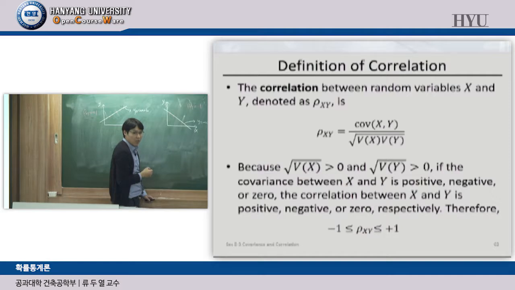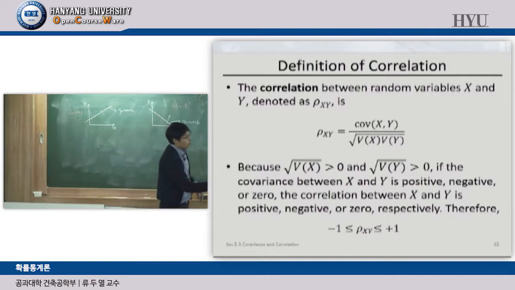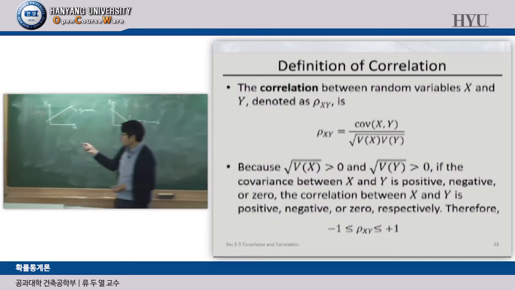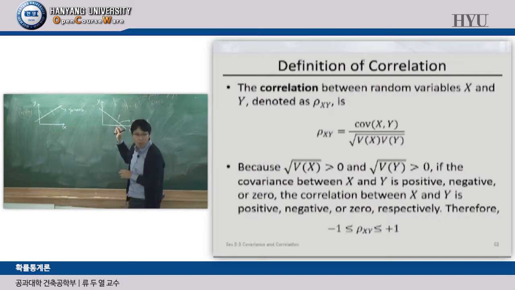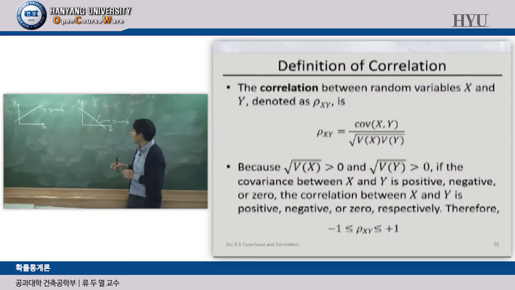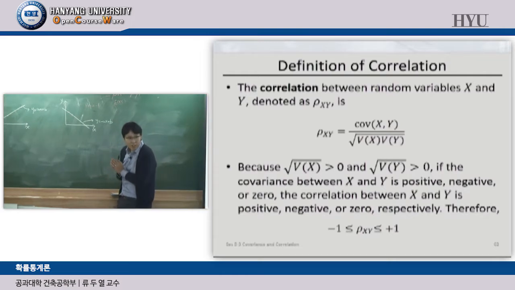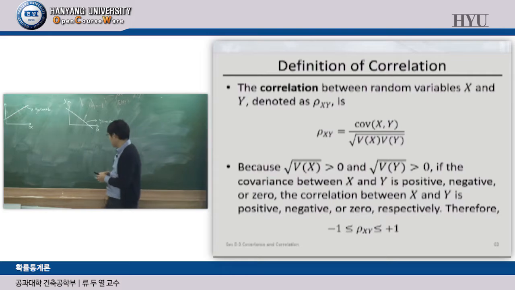Okay? So if you calculate this value and you obtain +1, that means these two random variables have the linear relationship in the positive direction. And if you calculate this equation and you obtain the value -1, these two random variables have the linear relationship, but the direction is negative. Okay?